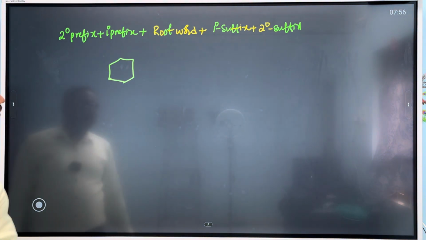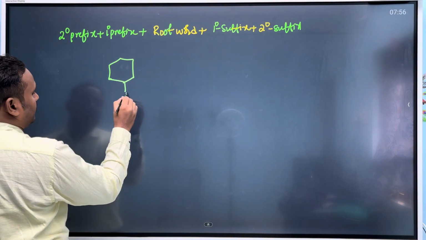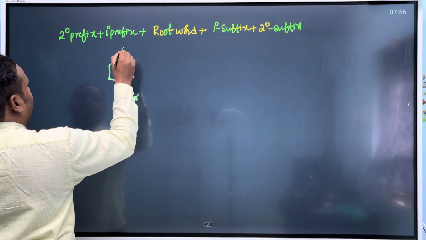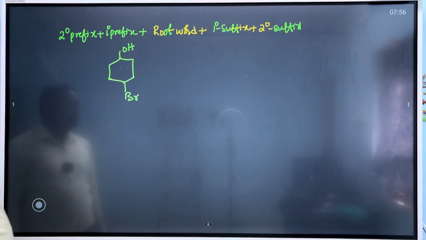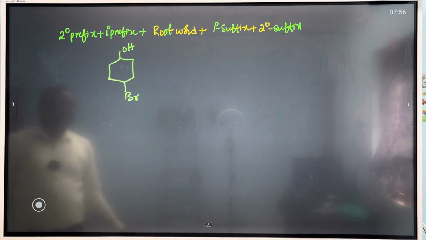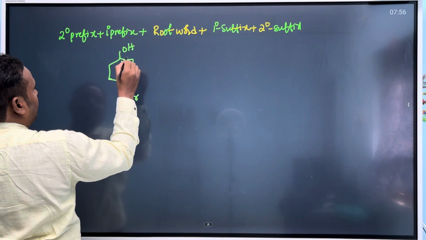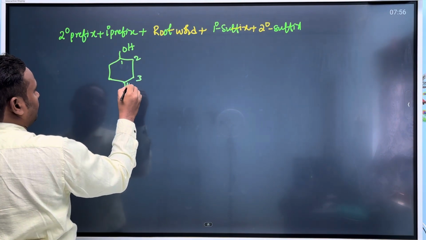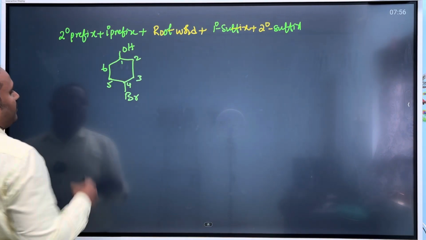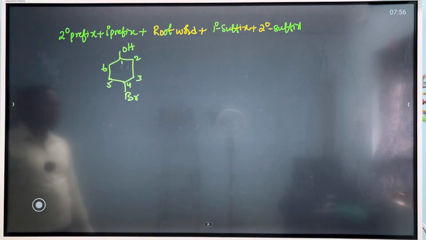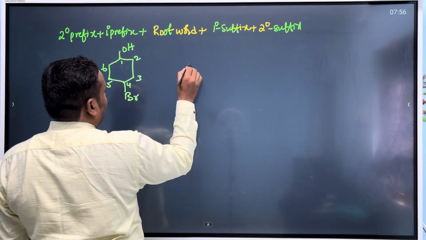Now here I am going to take one cyclic ring, where bromine is a substituent and OH I am taking as the functional group. Okay, now count the number of carbon atoms: 1, 2, 3, 4, 5, 6. Six carbon atoms are there. So what is the root word here?